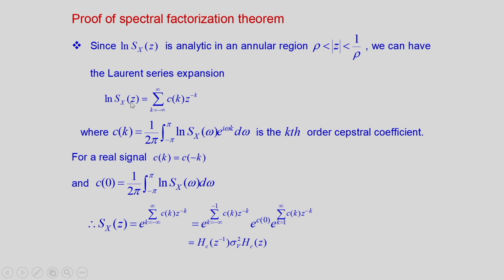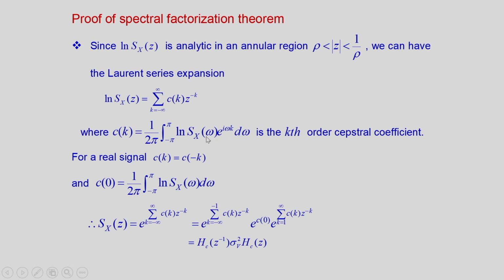Now, if I take the antilog, we can find back Sx(z). Therefore, Sx(z) can be written as e to the power of this quantity, that is, summation k from minus infinity to infinity of Ck into z to the power minus k. This infinite summation we can write in 3 parts.